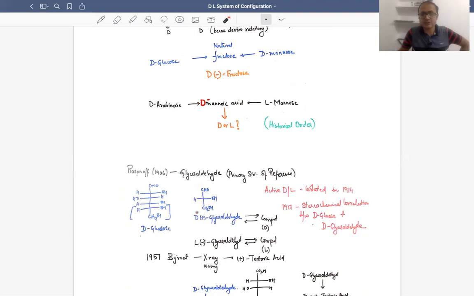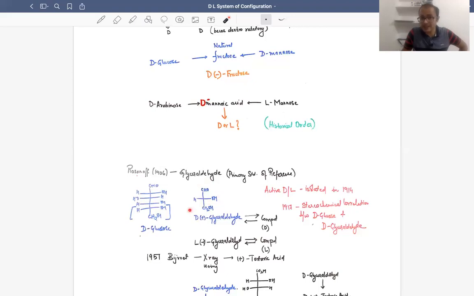He arrived at this configuration on the basis of the Fischer structure for D-glucose. When he compared the lower part of D-glucose with glyceraldehyde, he found some kind of a correlation. So he said that since D plus is dextrorotatory, D plus glyceraldehyde has the OH on the right side. So it was an arbitrary suggestion.